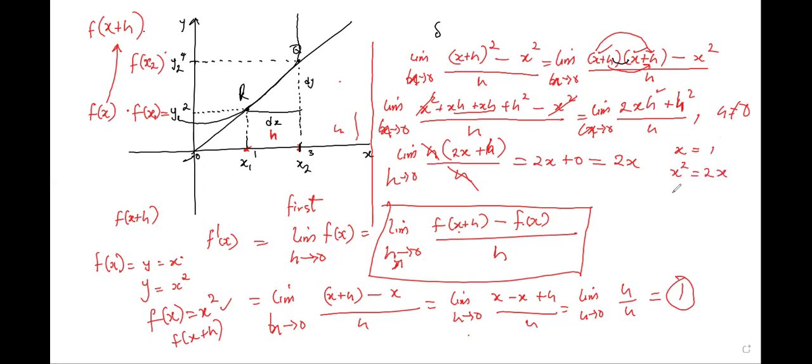If we continue, if we do x cubed, it's going to be 3x squared. If we do x raised to power 4, it's going to be 4x cubed. If we do x raised to power 5, it's going to be 5x to the 4. Perfect. Good. All this, I can prove it for you from first principle.